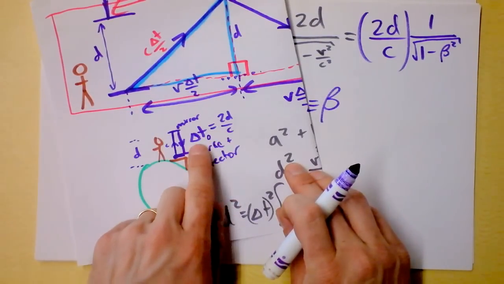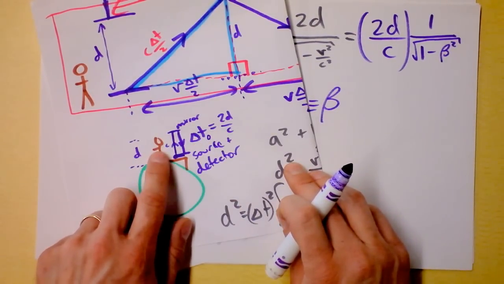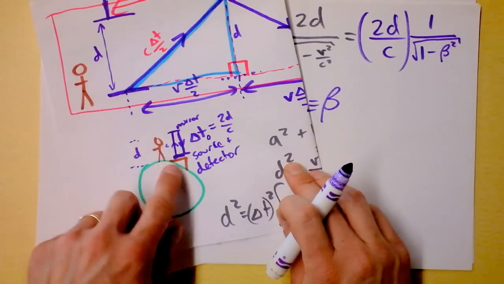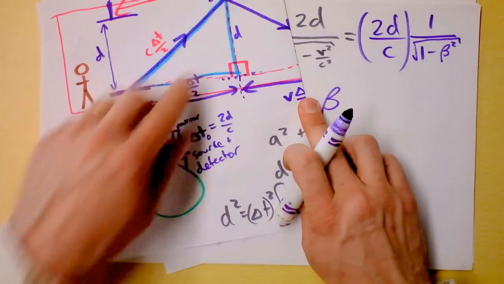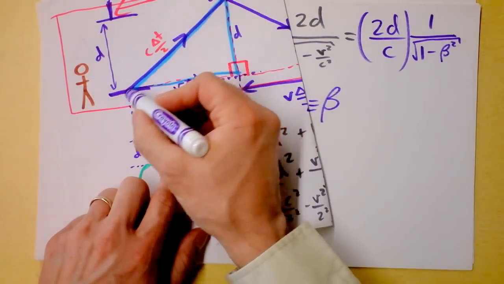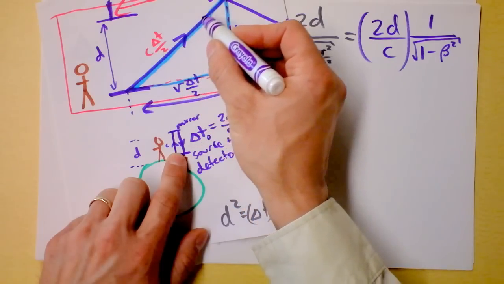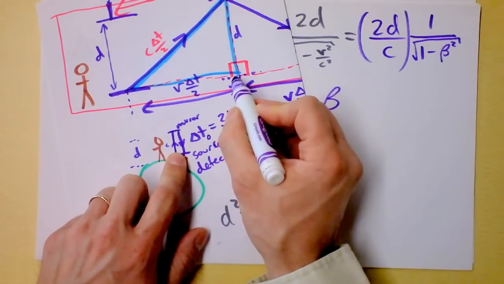2d over c is the time that it takes for a click of this observer's clock. Click, clock. He's looking at this observer's clock and he says, no, sir, my light only has to go a distance d, but your light has to go a farther distance because it's not only going up d, it's also going over v times delta t over 2.